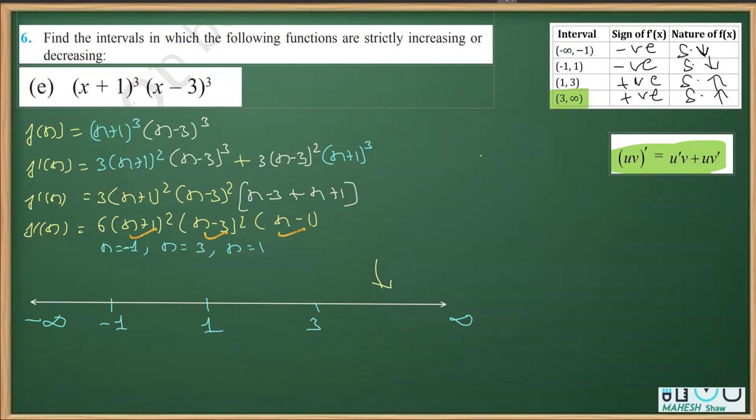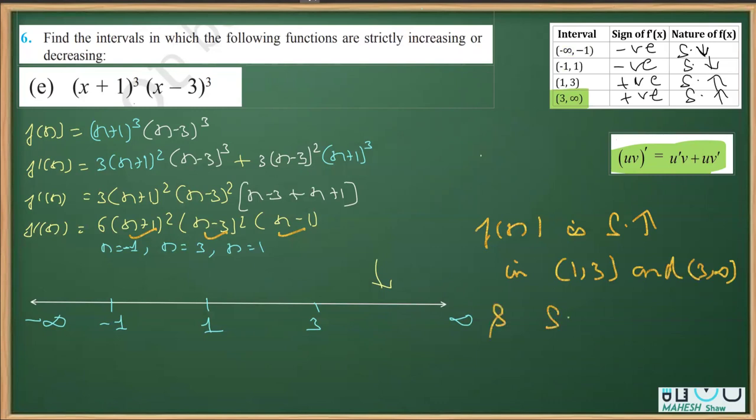So the final statement that you should write down is, f(x) is strictly increasing in the interval 1 to 3, you may write union or you may place 'and', 3 to positive infinity, and is strictly decreasing.